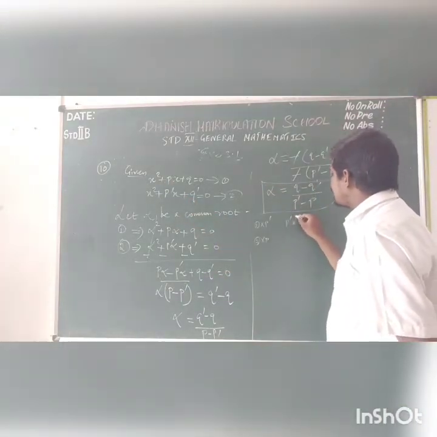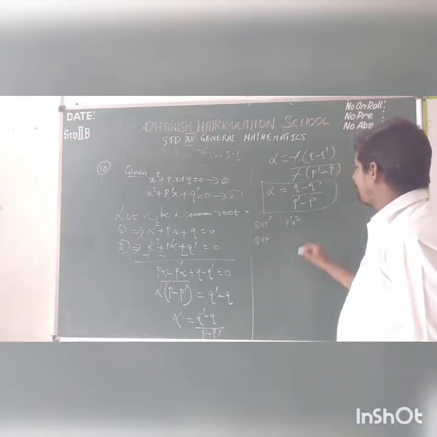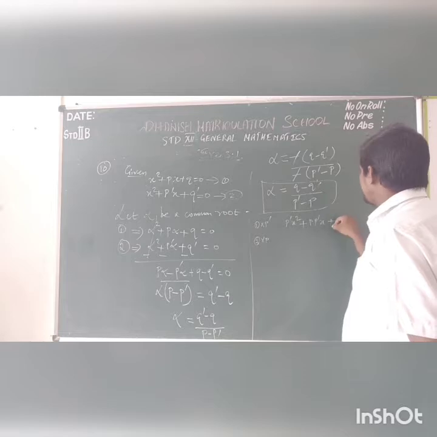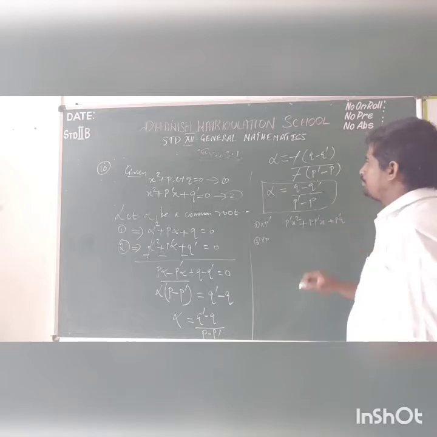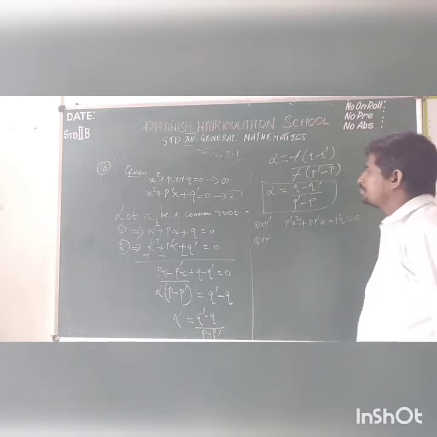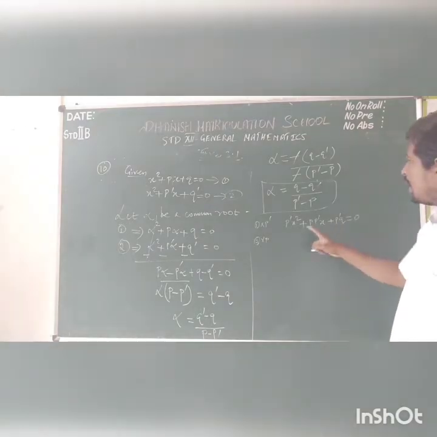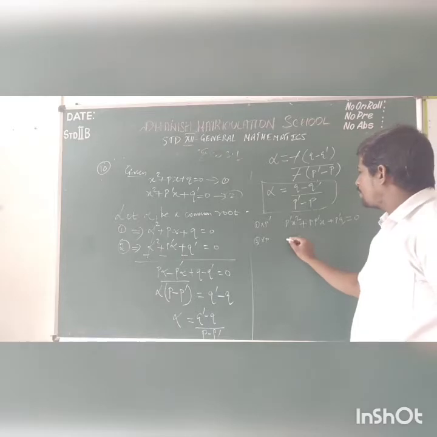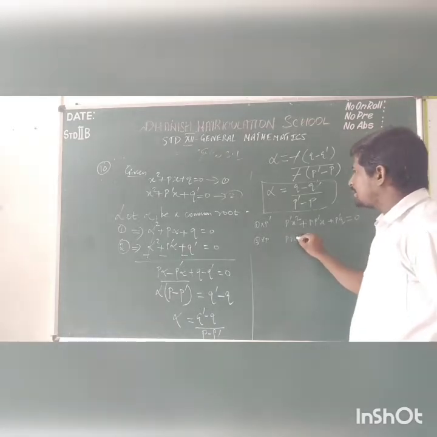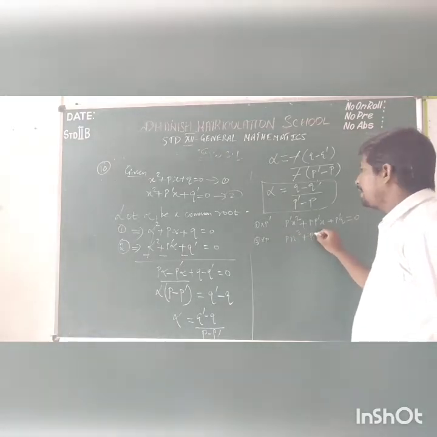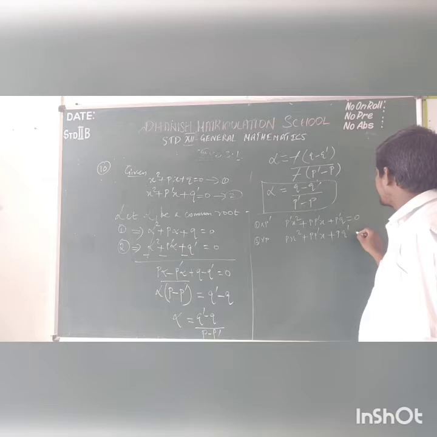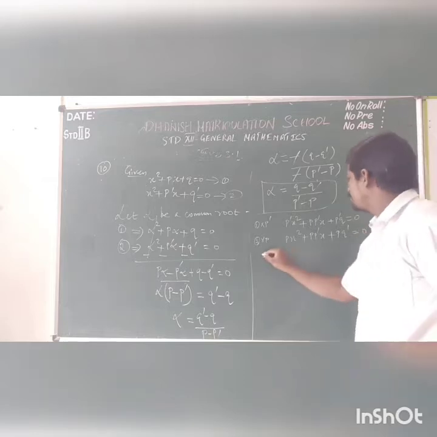p dash x square plus p dash p x plus p dash q equal to 0. Now I am going to multiply equation 2 by p. So what will happen? p x square plus p p dash x plus p q dash equal to 0.